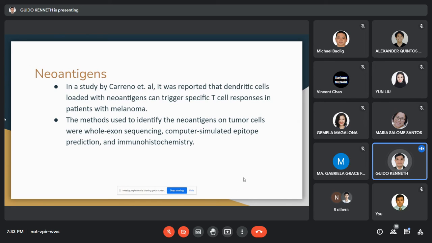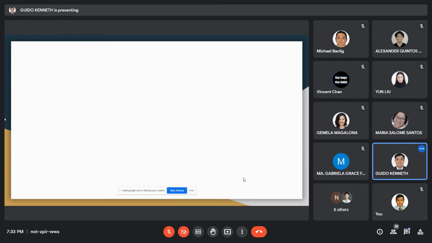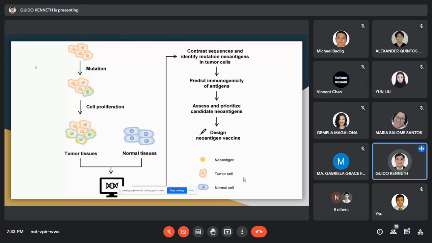In order to identify neoantigens on tumor cells, whole exon sequencing, computer-simulated epitope prediction, and immunohistochemistry can be utilized. So in this illustration, the mutations in the tumor tissue produce neoantigens, and these clonal neoantigens can be expressed by a large number of proliferating cells.